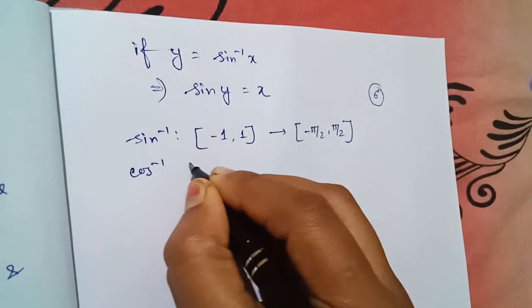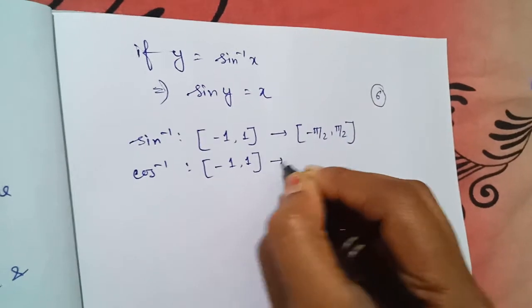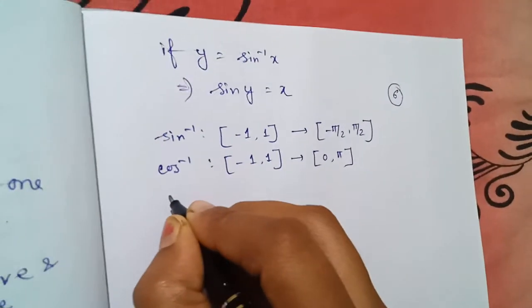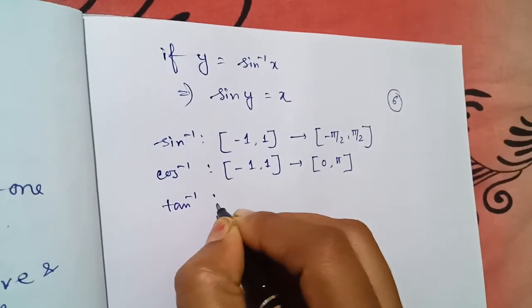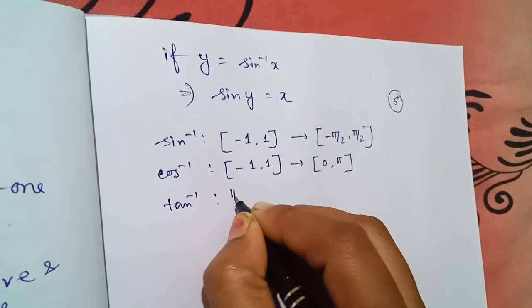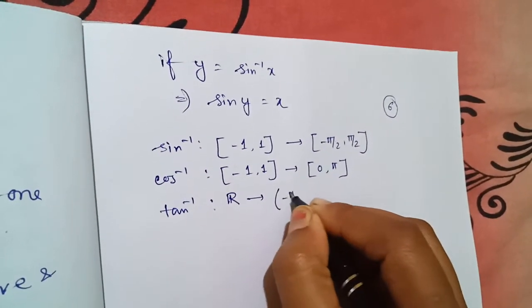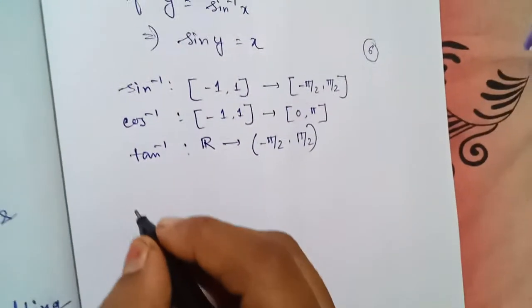Cos inverse: minus 1 comma 1 to 0 comma pi, closed interval. Then tan inverse: capital R, the real number set, to the open interval minus pi by 2 comma plus pi by 2.